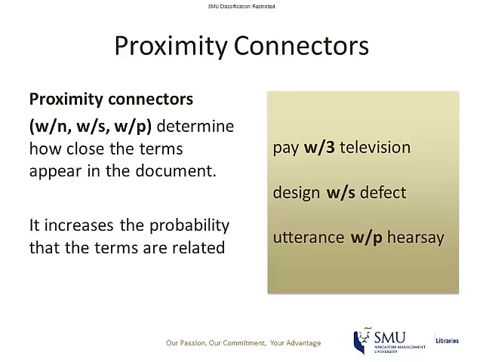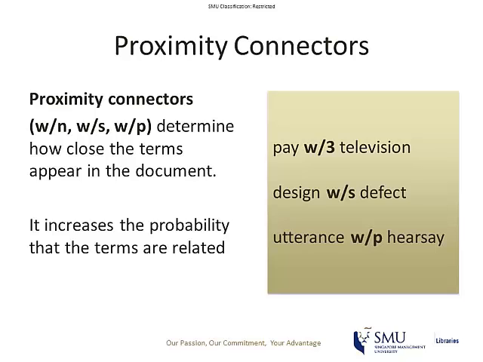Using proximity connectors allows you to determine how close the terms appear in the document retrieved in your search. Increasing the proximity between your terms increases the probability that the terms are related. The proximity operator W/n represents within n number of words.